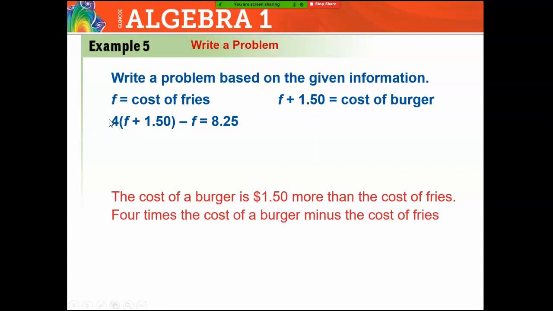The 4 here is being multiplied by burgers because F plus $1.50 is burgers. So 4 times the cost of a burger minus the cost of fries is $8.25.